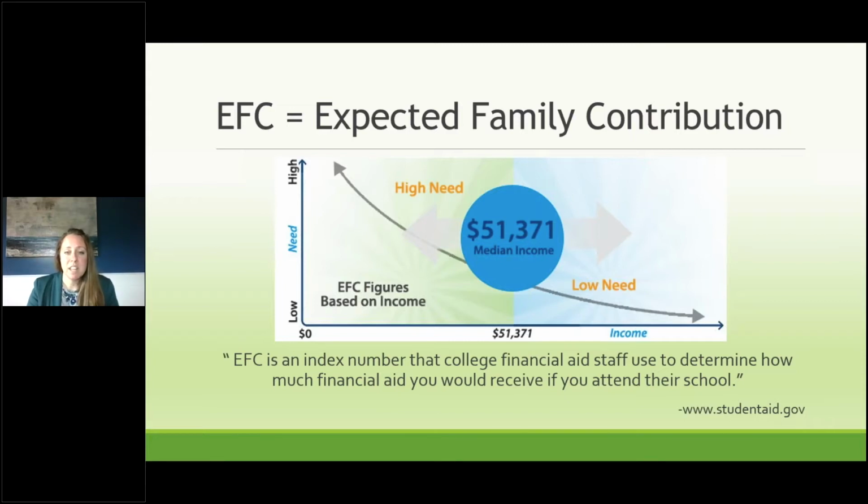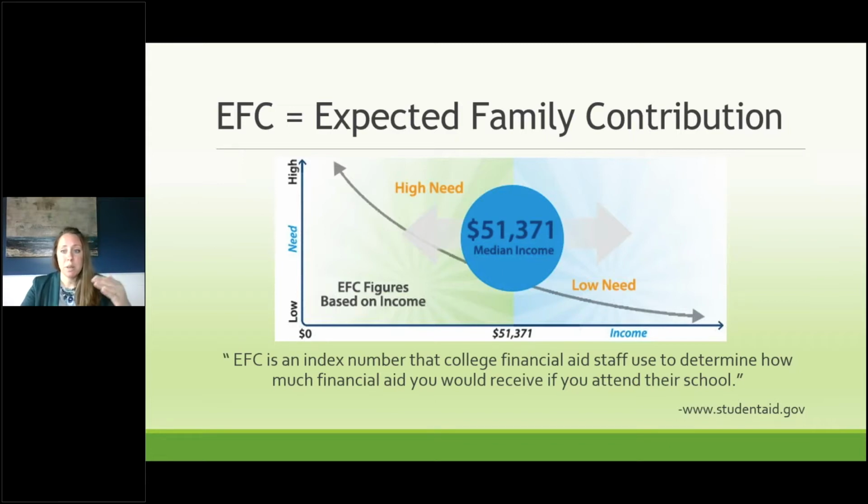So this EFC is that number that the government is using. Now, I realize that the graph on the screen can be a little bit misleading, because that median income, $51,371, is really just there as a general number. So just understand that sometimes students are high need, so their EFC is going to be low.